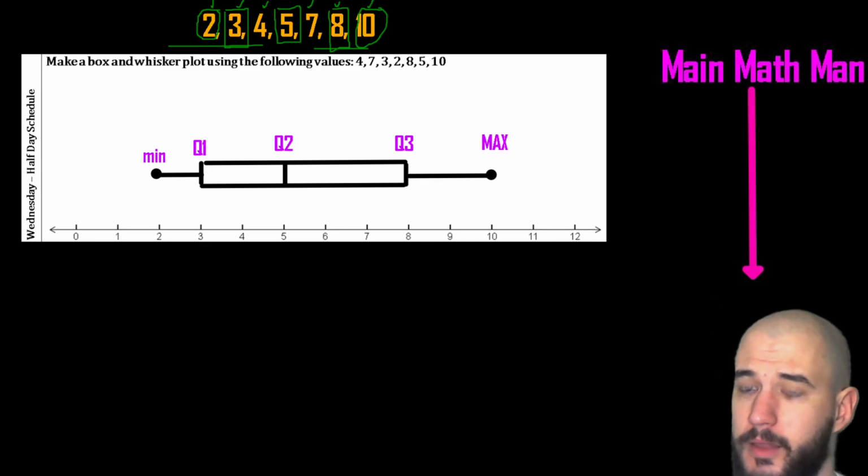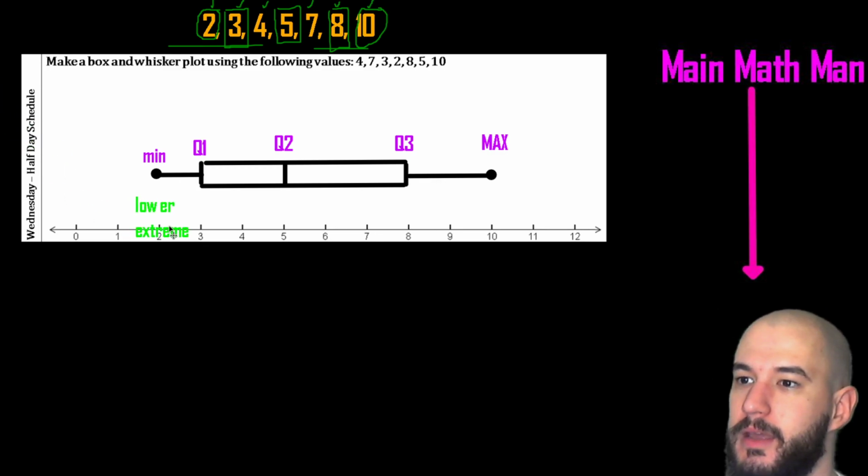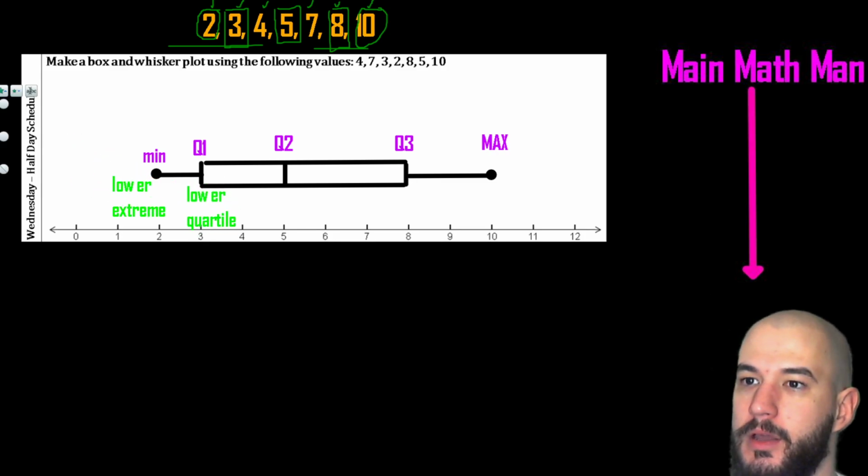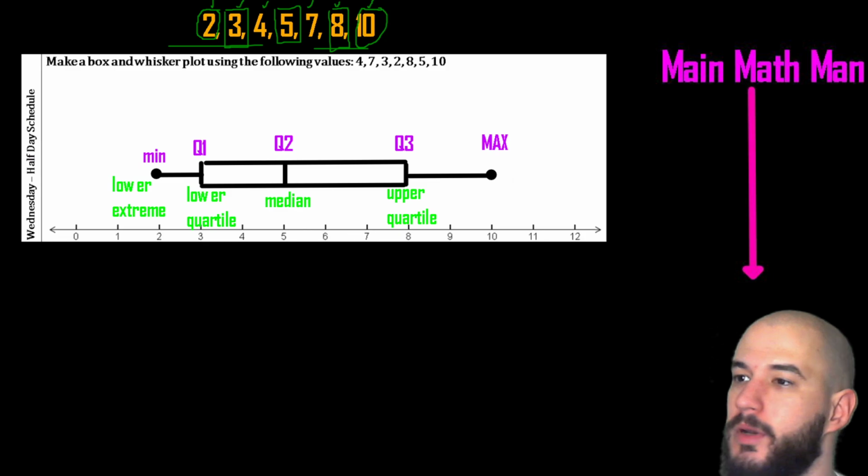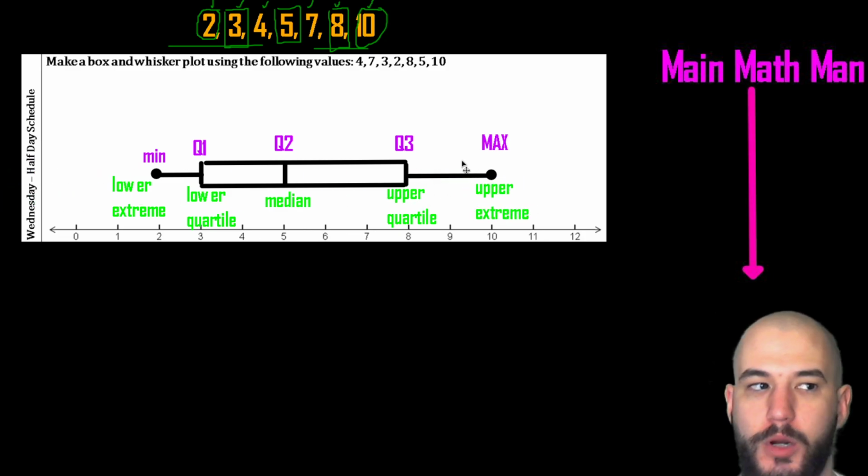And the other labels that go with it: your lower extreme is your min, your lower quartile is your Q1, your median for the entire set is Q2, the upper quartile is Q3, and your upper extreme is your max.